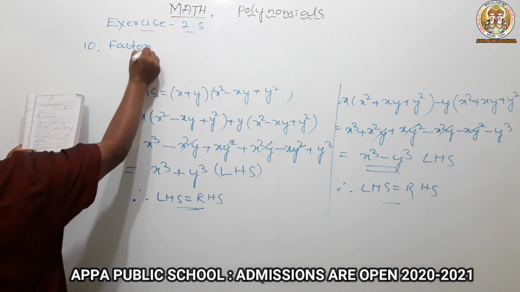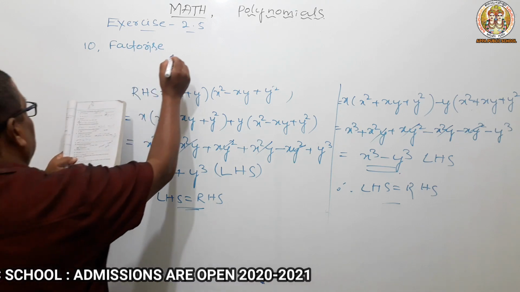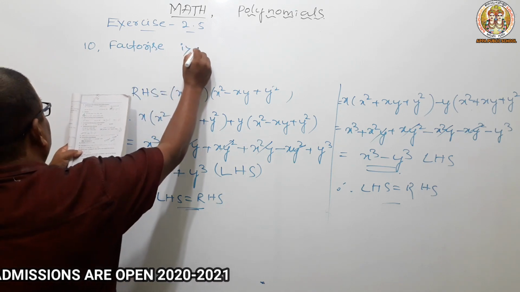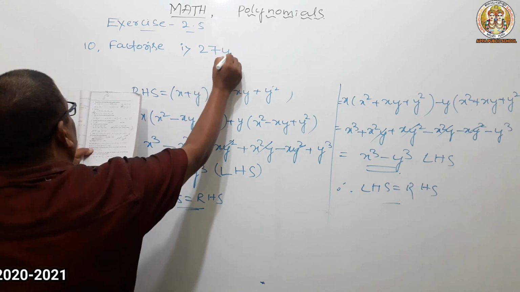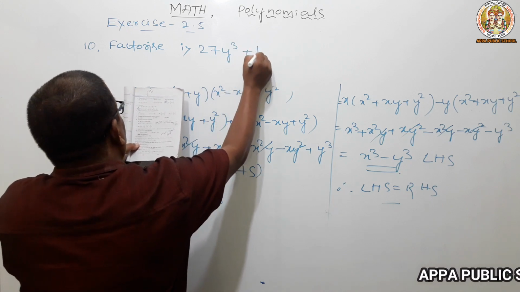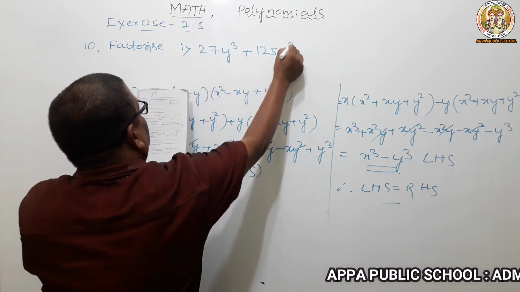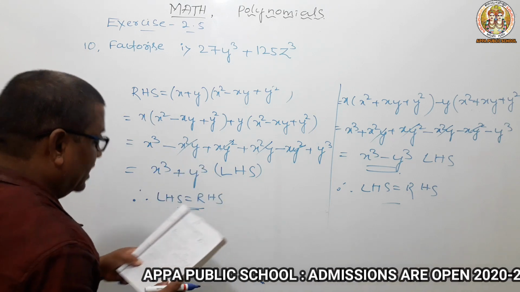Factorize. First one, 27y cube plus 125z cube. He gave a hint here, see question 9.